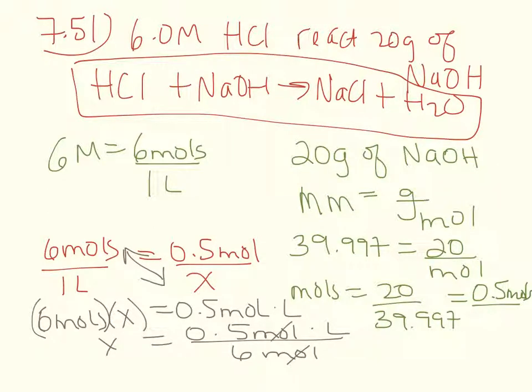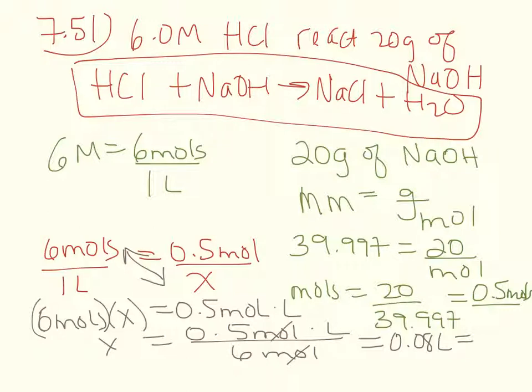Right now our answer is in liters, but we can easily change that to milliliters after we figure this out. So 0.5 divided by 6 actually gives us 0.083 liters. We multiply that by 1,000 to get it into its milliliter equivalent.